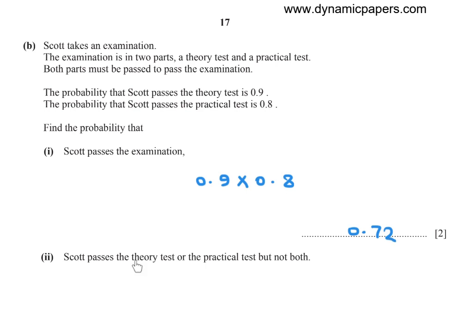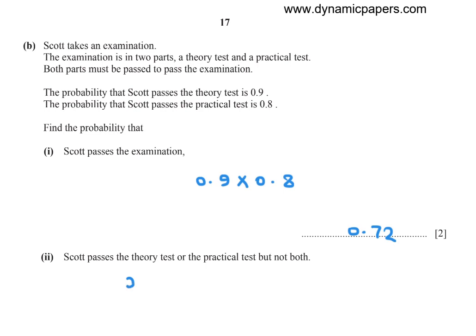Scott passes the theory test or the practical test, but not both. So this means he passes only one of them. So the first case, he passes the theory test, but not the practical.